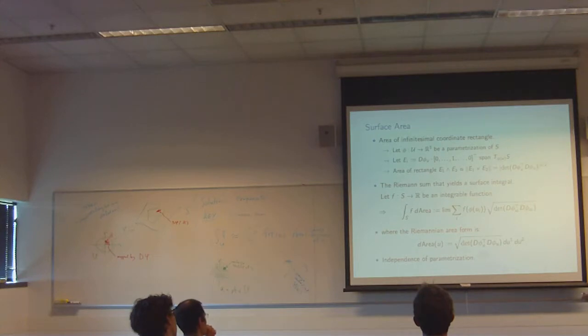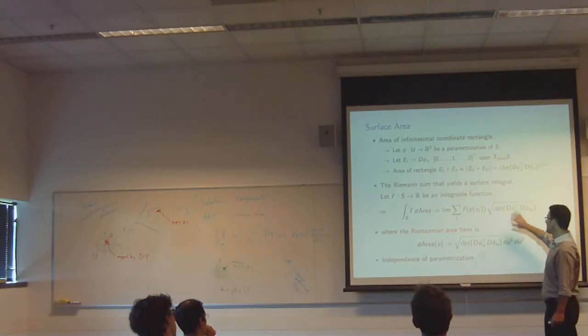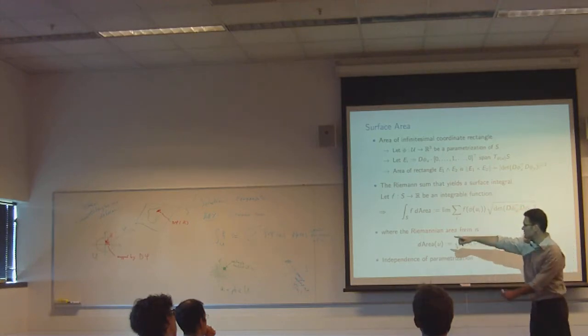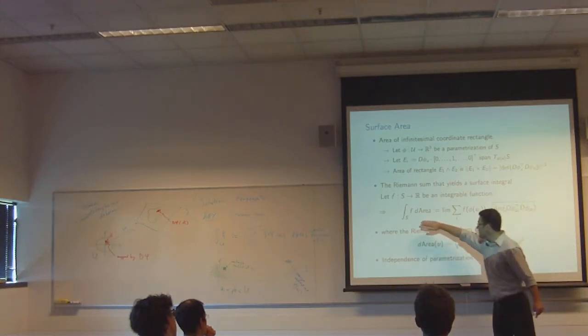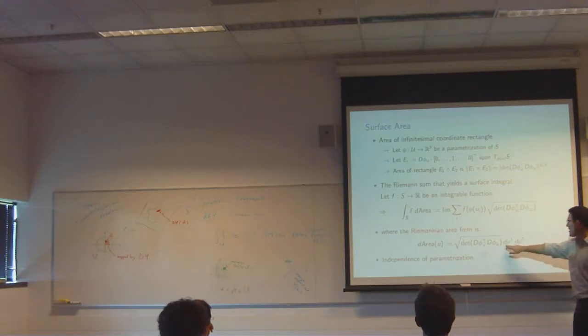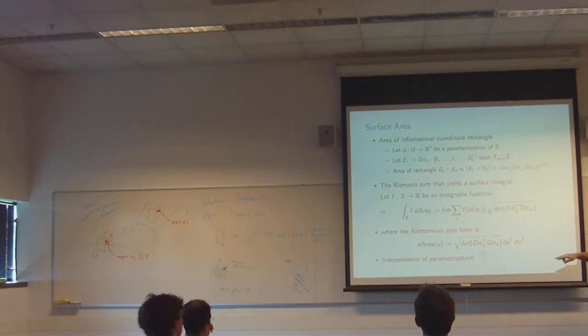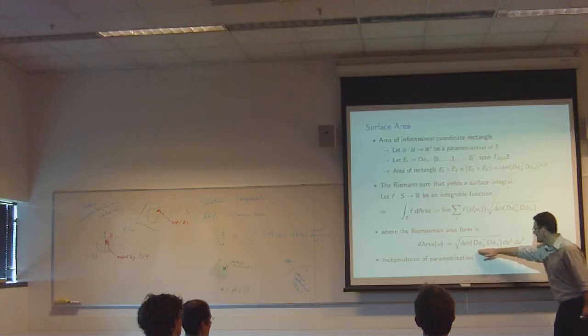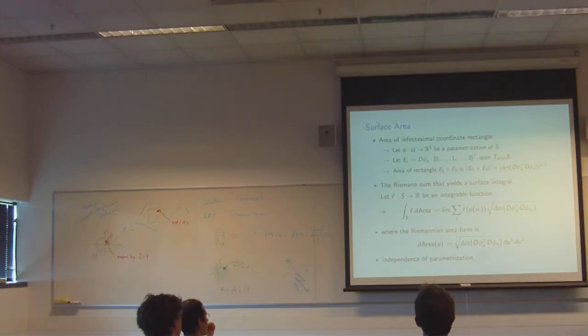And then you take the limit, some analytical details aside, with convergence and so on, as the number of rectangles goes to infinity, and then you get this quantity, which we're going to call integral of f dA, or d area, just to indicate that it's geometric and lives on the surface. And the compensating factor is this so-called Riemannian area form. It's not du1, du2. It's this square root determinant factor multiplied by du1, du2.